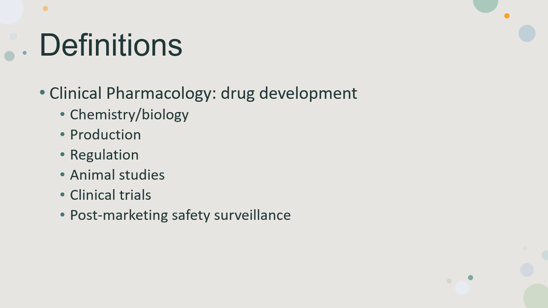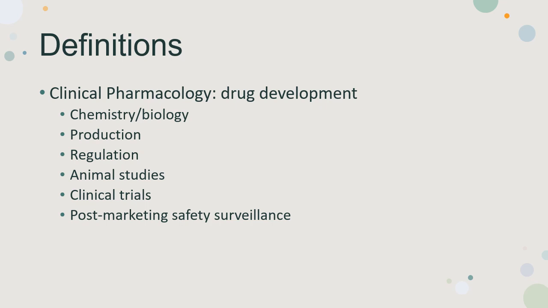But what is clinical pharmacology? Anymore, I tell everybody that it's drug development. Drug development is actually a very broad field. You would need chemistry, biology, production techniques like how to mass produce chemicals safely. You need knowledge about regulatory science, so once again, safety for human consumers.